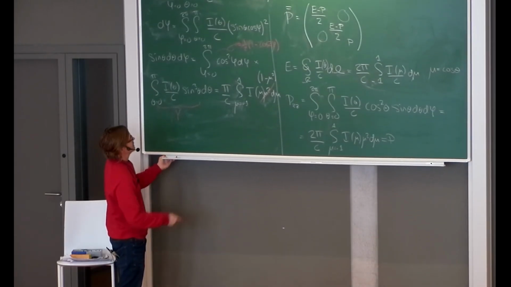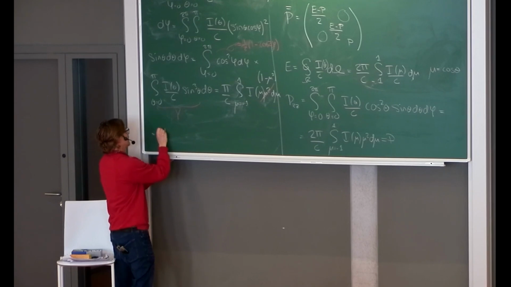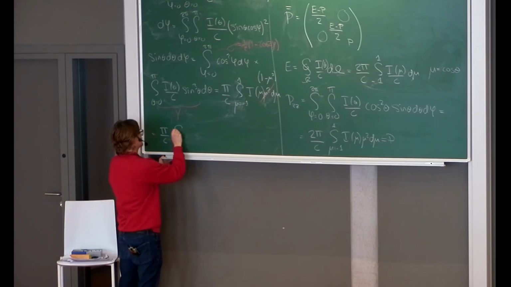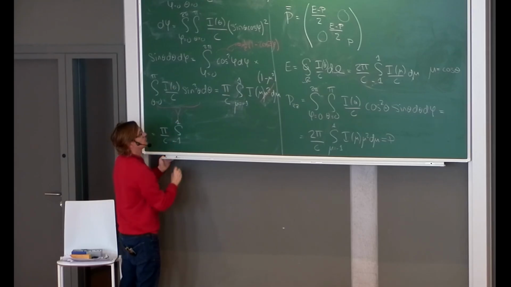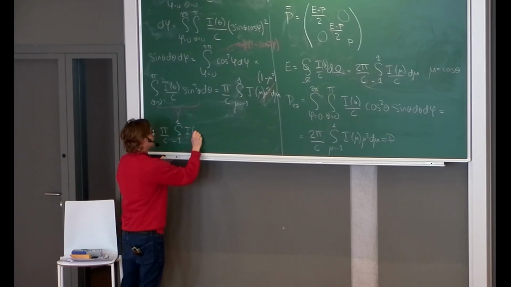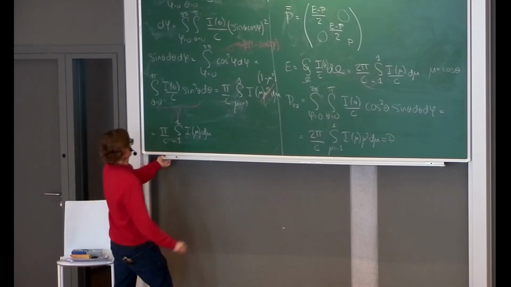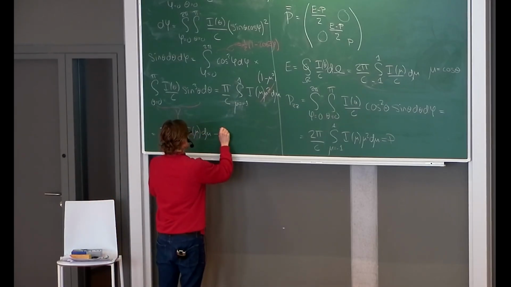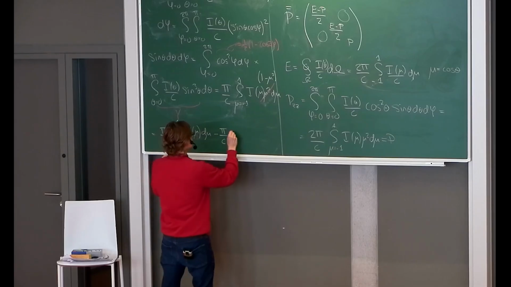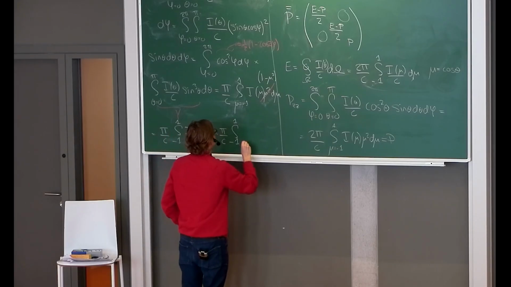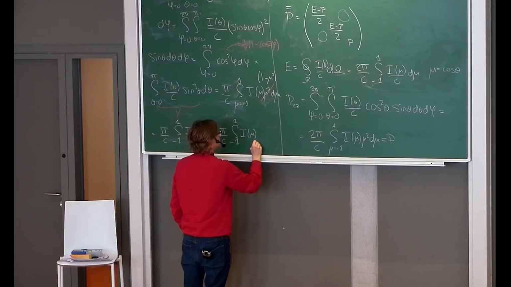So we can split this integral into 2. Pi divided by c, the integral from minus 1 to 1 of I of mu d mu, minus pi divided by c, integral from minus 1 to 1 of I of mu, mu squared d mu.